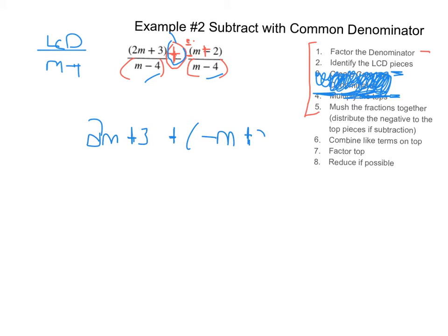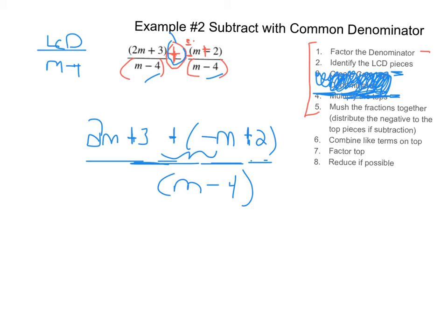Now again, somebody would say, gee, wouldn't it be easier just to write this as negative m? Yes, and you could do that, absolutely. But I'm just being systematic here, so you can write that however you want. Okay, so now all over my common denominator of m minus 4.